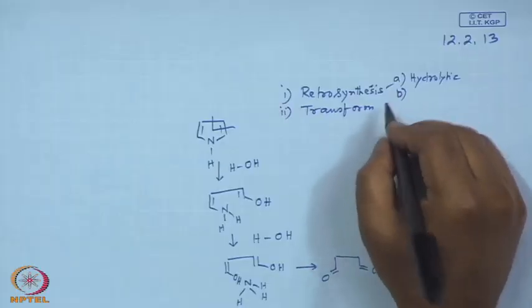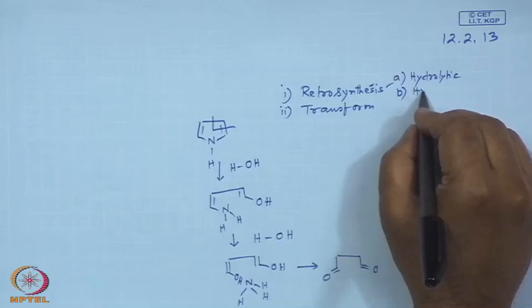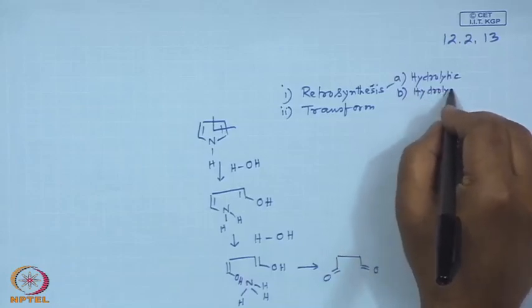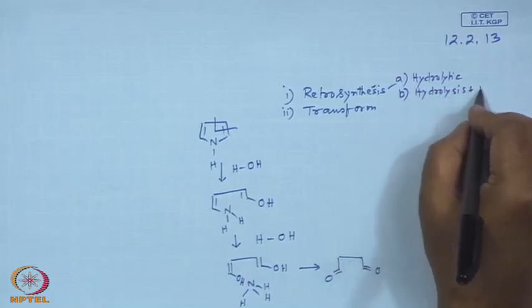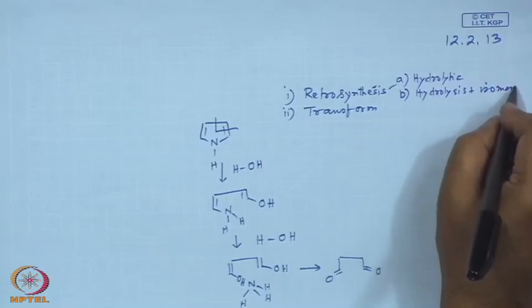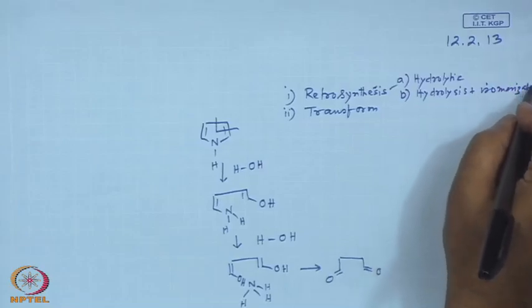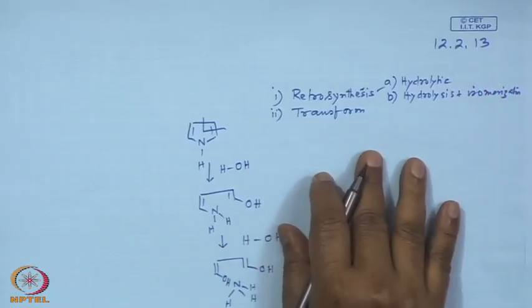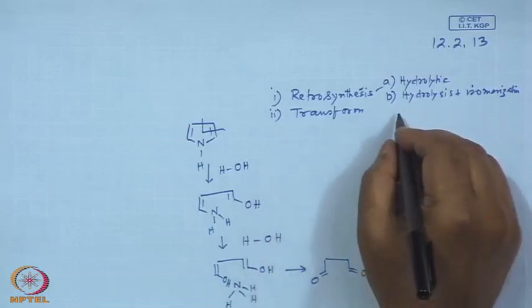There are ways, not only typical bond cleavages, but I think the best way to look at the retrosynthesis of the heterocycle is hydrolytic cleavages. The next thing one should think about is hydrolytic cleavages plus isomerization, normally isomerization of the functional groups or the double bonds.